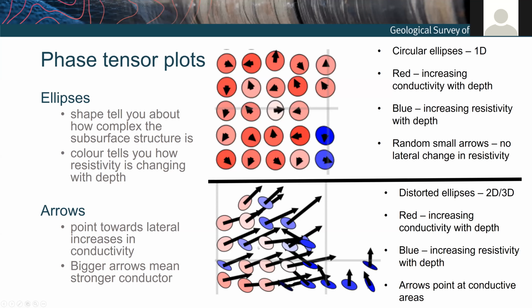And then in this bottom example, you've got a number of squashed ellipses and quite large arrows. If you look at them closely, you can see these arrows are actually pointing in opposite directions at adjacent sites in this area. That means that somewhere in here, you've got something quite conductive. So that's broadly what these plots are going to tell you.